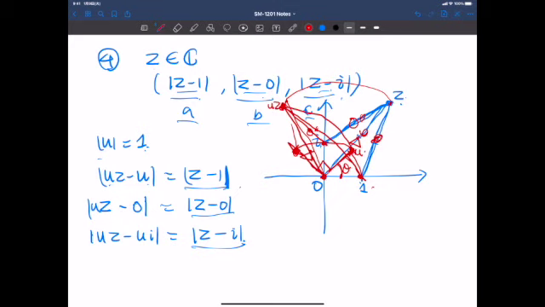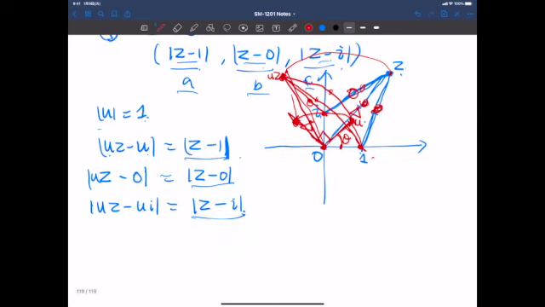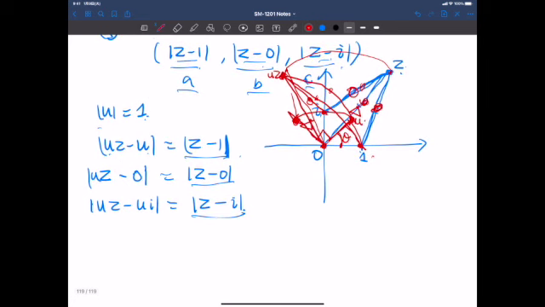So uz must be that point, which has the same three distances as the original triple of distances. This is kind of complicated, but it shows us that multiplication by U rotates a complex number by the argument of U on the complex plane.